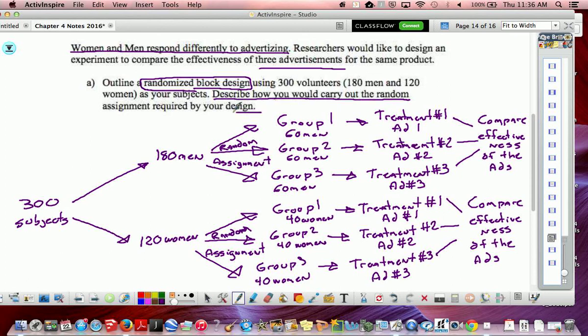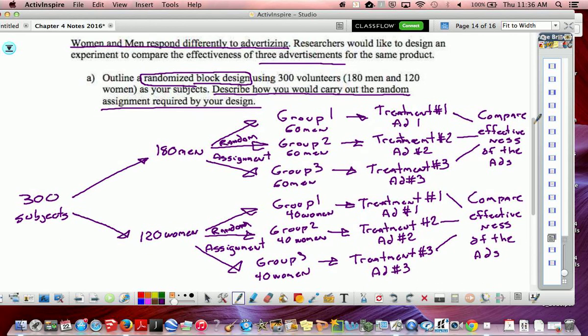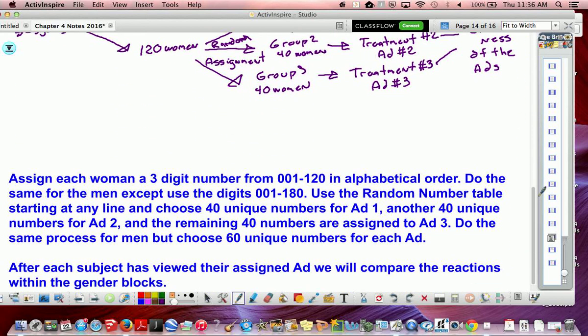Now, it does ask you to describe the random assignment. So how would you randomly assign these 180 men and 120 women to your groups? Down below I talked about using the random number table.